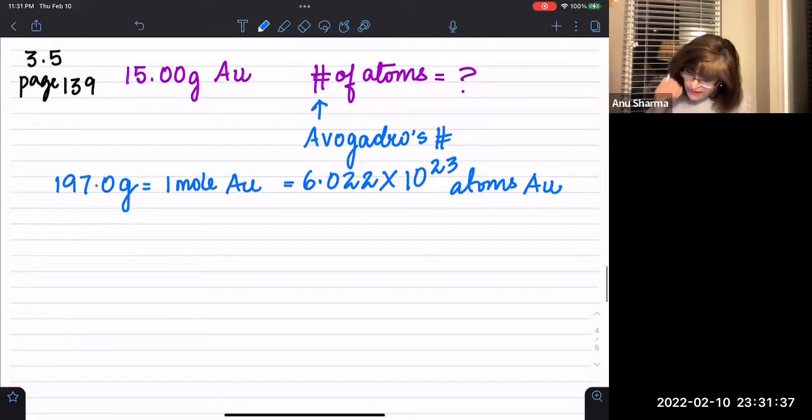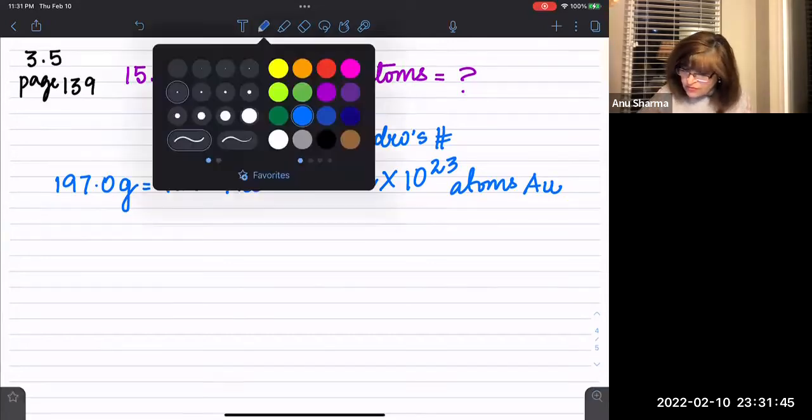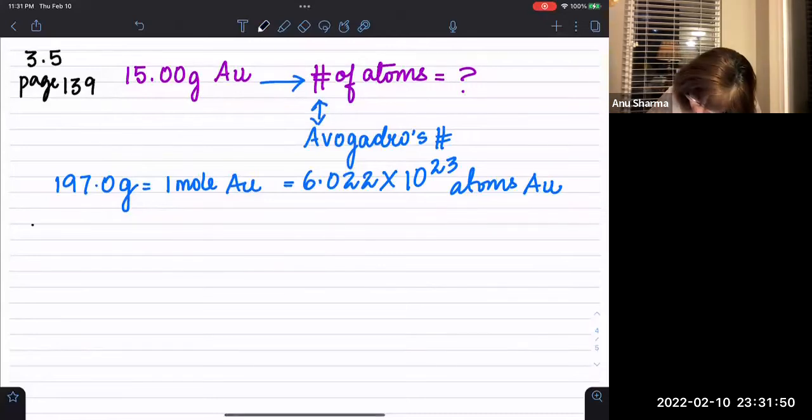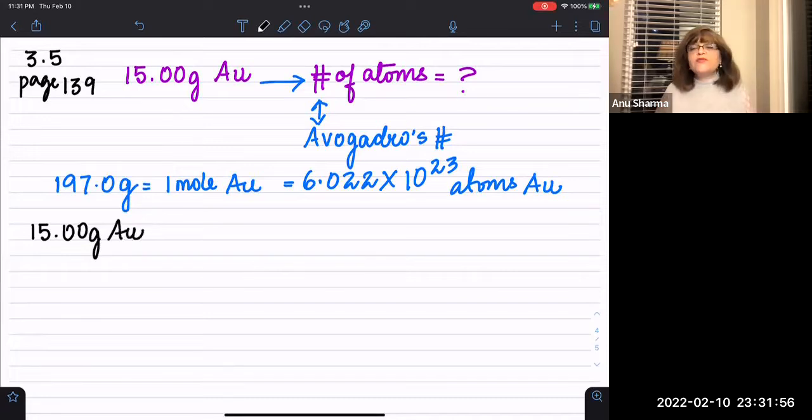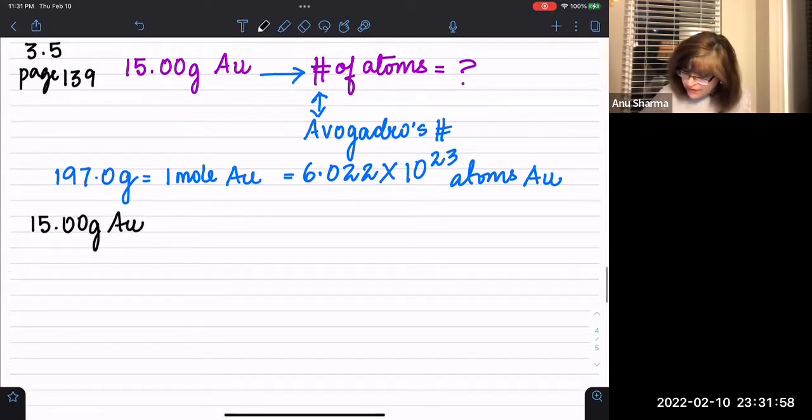Okay, so now we need to find how many atoms are there in 15.00 grams. So write down here 15.00 grams of gold, multiply by, one way would be, let's convert grams to moles.